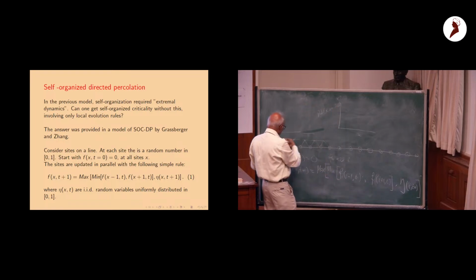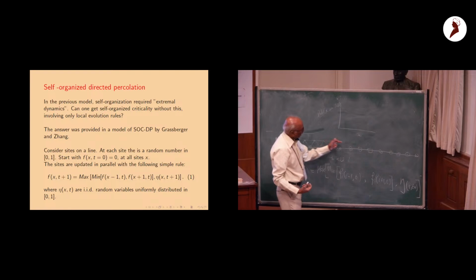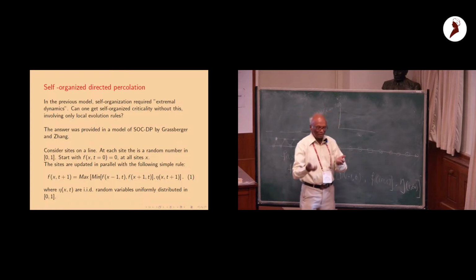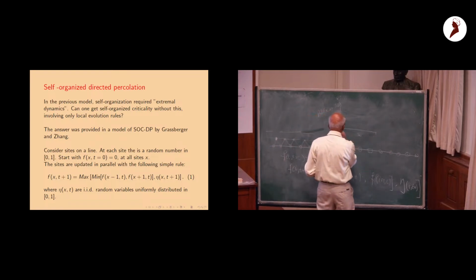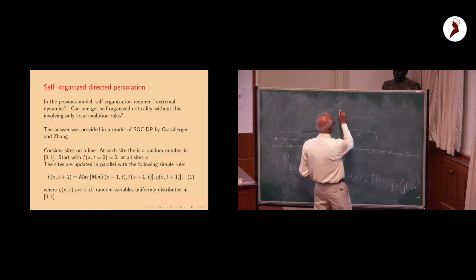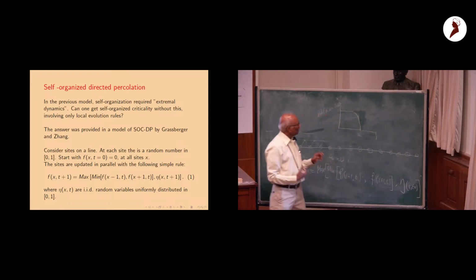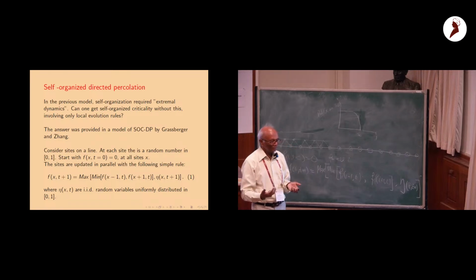So then I go to one line and I see how often this value x is obtained. X goes from 0 to 1, and they found the distribution looks like this.